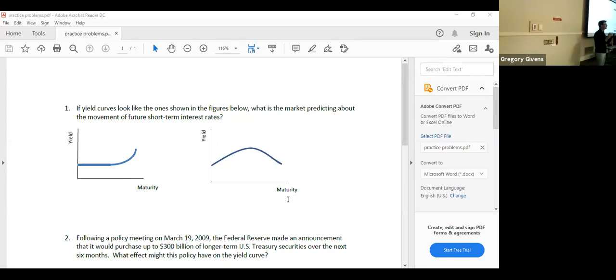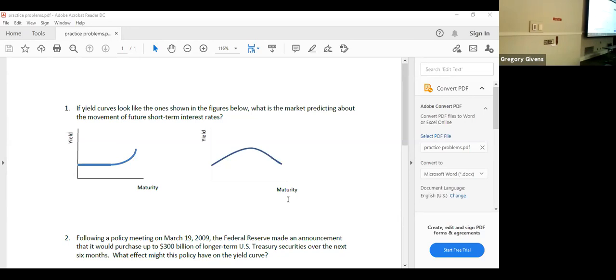So here I'm not providing you with any specific numbers, just general information on the slope of the yield curve. But the basic idea here is to be able to interpret what that slope means about future short-term interest rates.